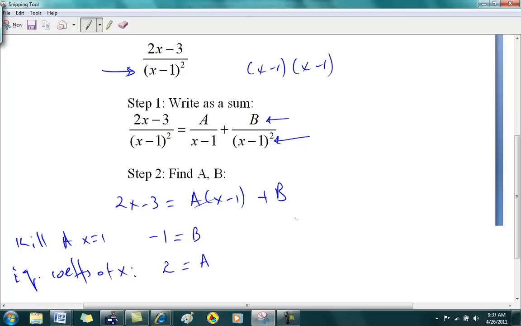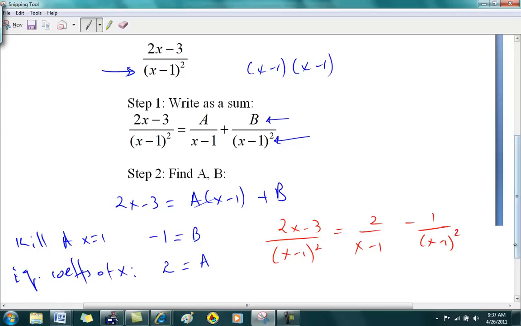So your final answer should be 2x minus 3 over x minus 1 squared is equal to 2 over x minus 1 plus, or rather minus, 1 over x minus 1 squared.